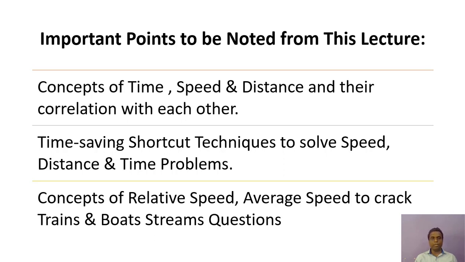Inverse proportionality is when distance is constant, then speed will be inversely proportional to time. Direct proportionality: when distance is constant, then the speed-time product will be constant, right? Okay, so this is the direct and inverse proportionality relation we have studied.